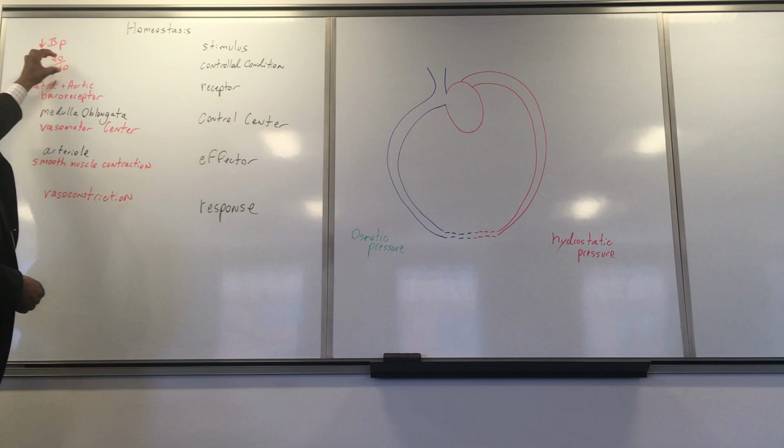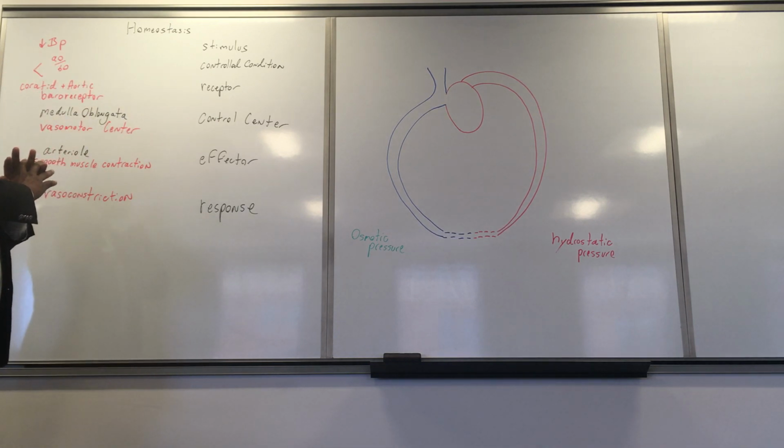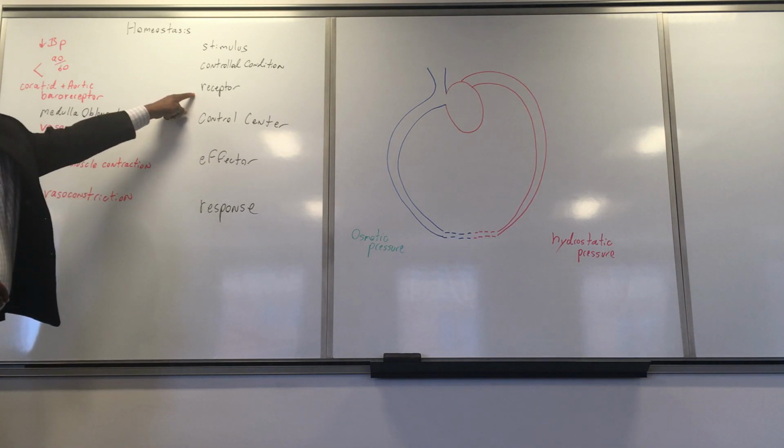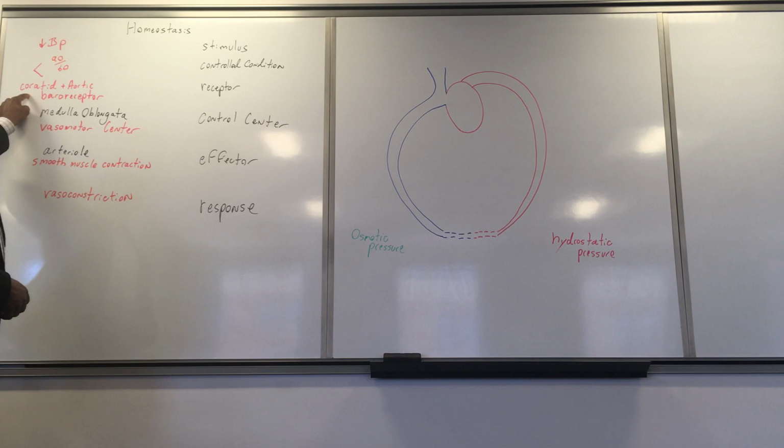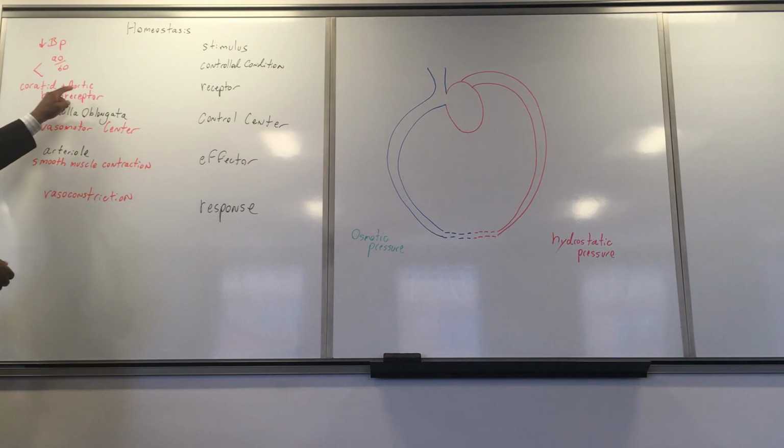So now we have our controlled condition changed. That variable is not within normal limits. So who's going to detect that? Receptors. And the receptors involved are not too different from what we talked about before, especially the location. Your carotid artery, which is a branch from the aorta, and the aorta itself have receptors in the lining of the vessel.